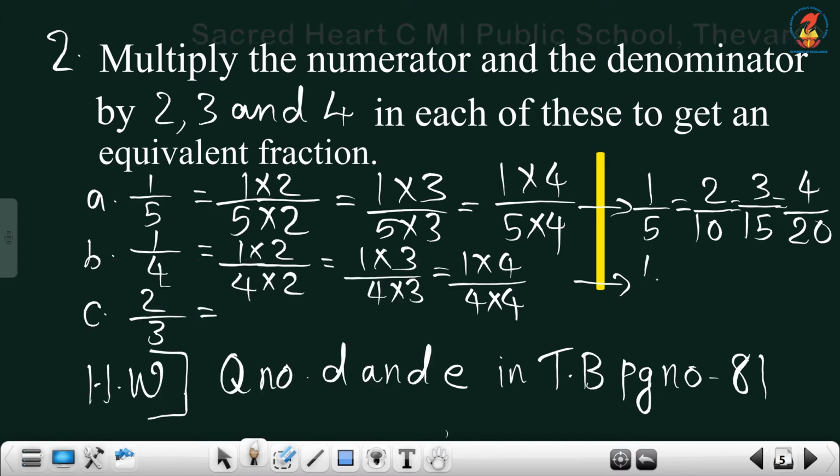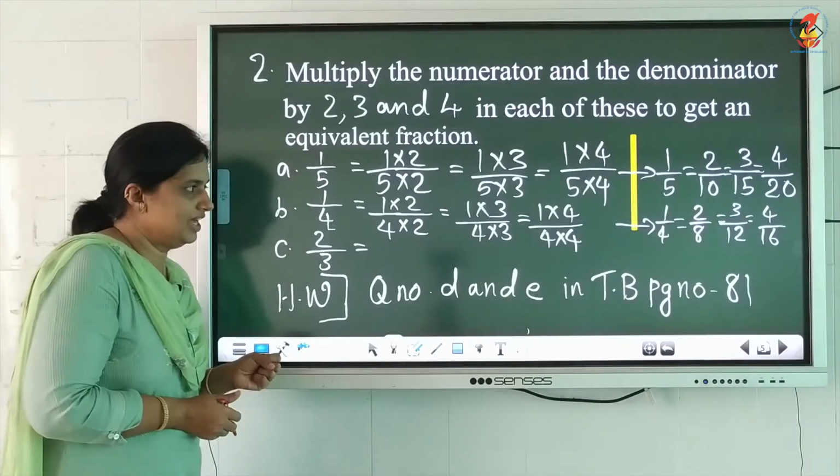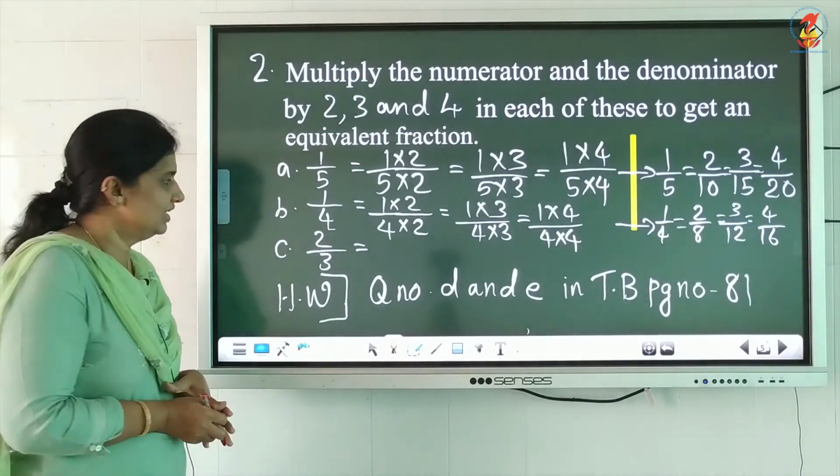Which fraction is given in the question? 1 by 4. 1 by 4 equals 2 by 8 equals 3 by 12 equals 4 by 16. See children, I got 3 more equivalent fractions of 1 by 4.